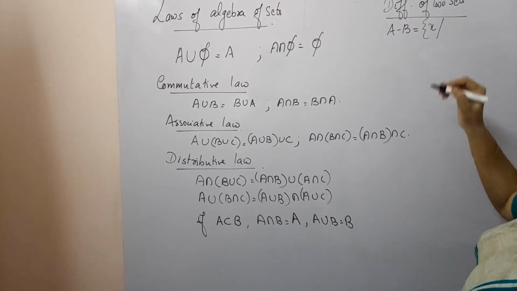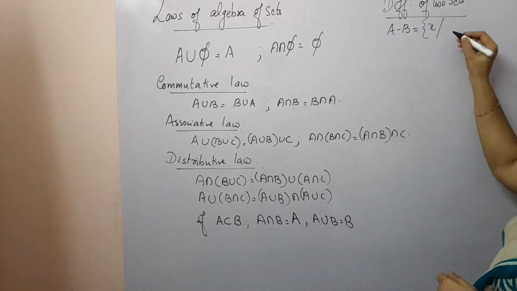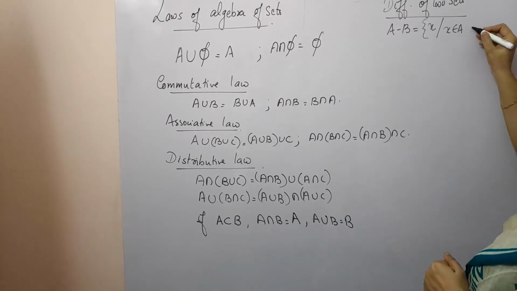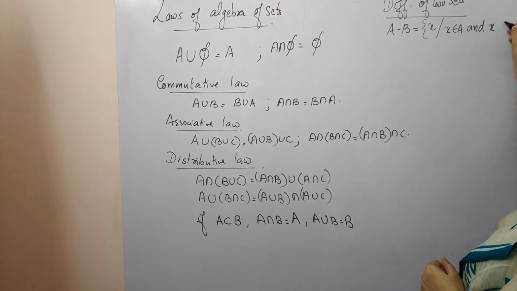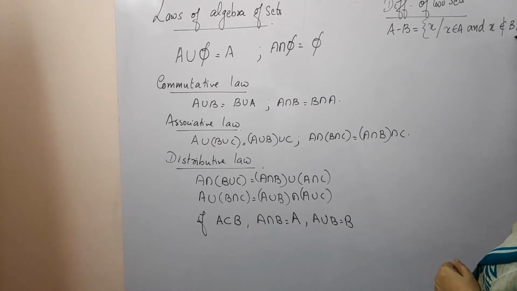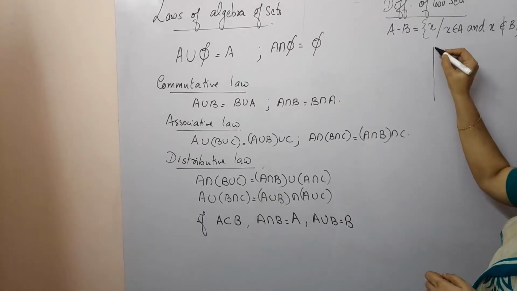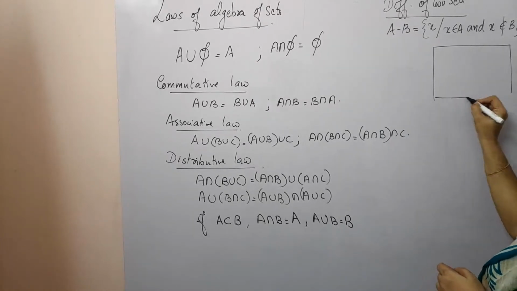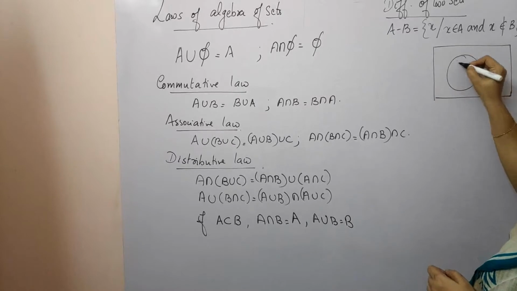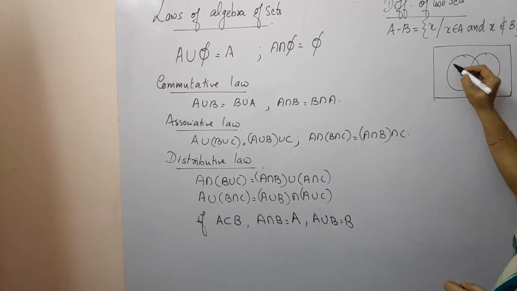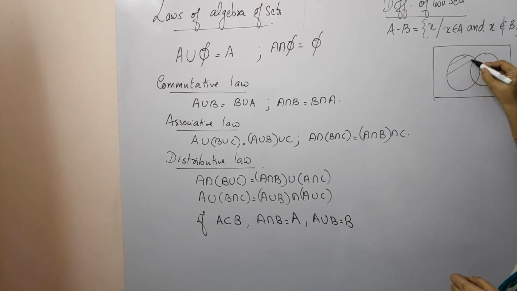It is all x such that x belongs to A and x doesn't belong to B. Okay, so that is A minus B. Now, in a Venn diagram, I shall just show you so that it is much clearer to you. That belongs to A but doesn't belong to B. So this is A minus B.